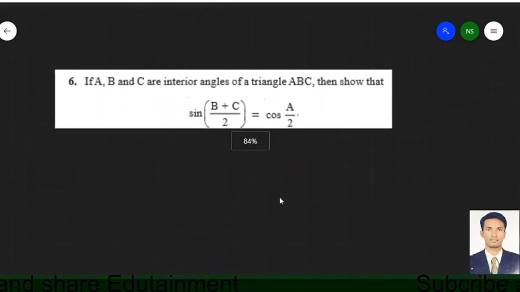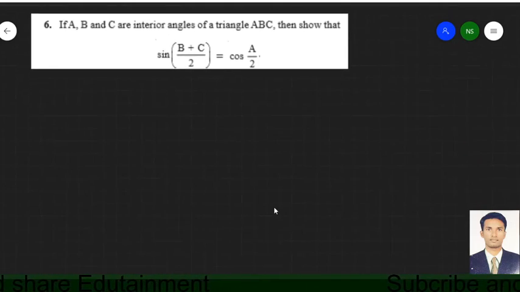Very important question. This question has been repeated in our board exam many times. If A, B, C are interior angles of a triangle, then show that sine of (B plus C) by 2 equals cos A by 2. So let us copy what they gave as it is.